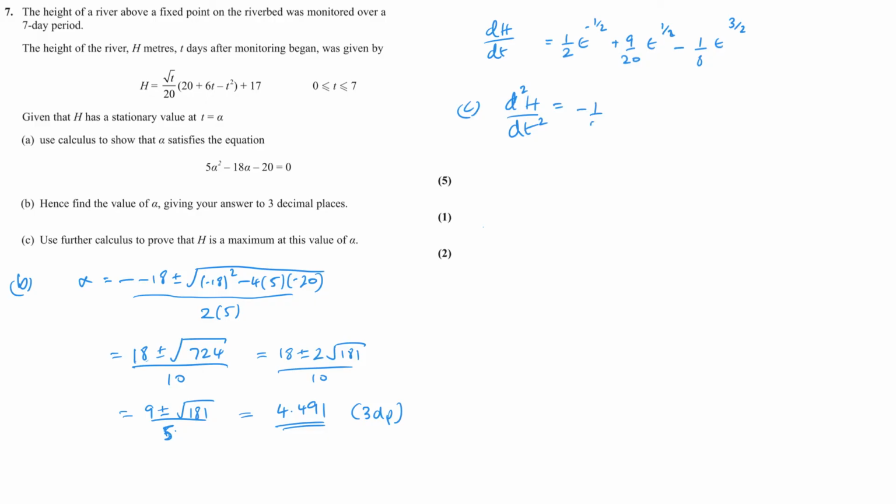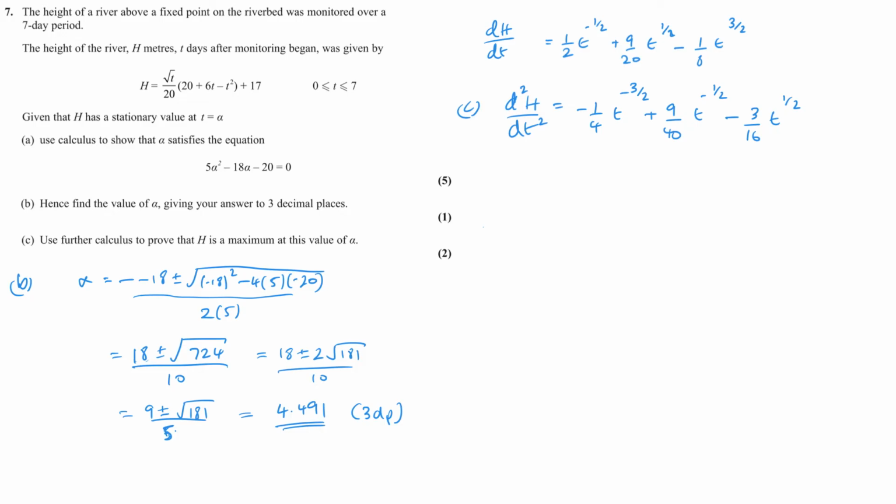So minus a quarter t to the minus 3 over 2 plus 9 over 40 t to the minus a half minus 3 over 16 t to the half.